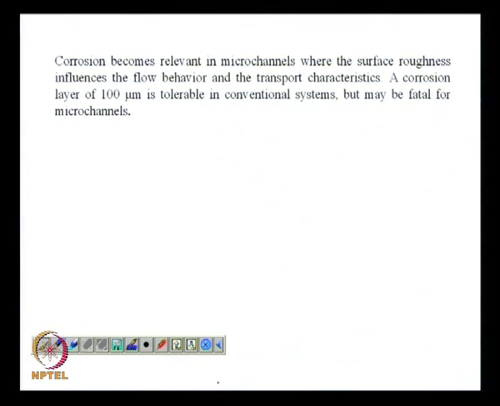And corrosion also plays a fundamental role, it basically kills the flow through the microchannel, and there are several applications where the number of times a microchannel can be used is also limited.